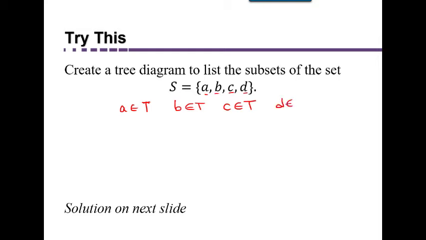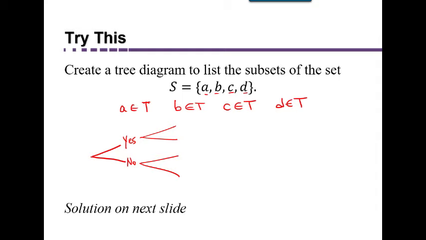So try for a moment to construct at home on a piece of paper a tree diagram for all the subsets of this set, S equals {A, B, C, D}. Okay, I'm going to get you started by reminding you that you're going to basically have to answer 4 questions, 1 question for each of the elements.